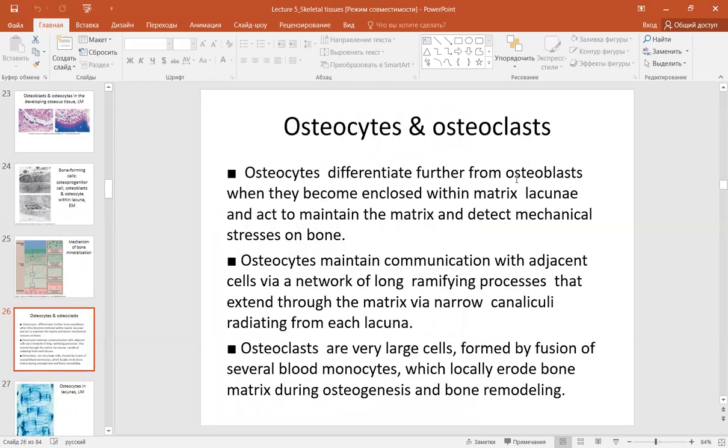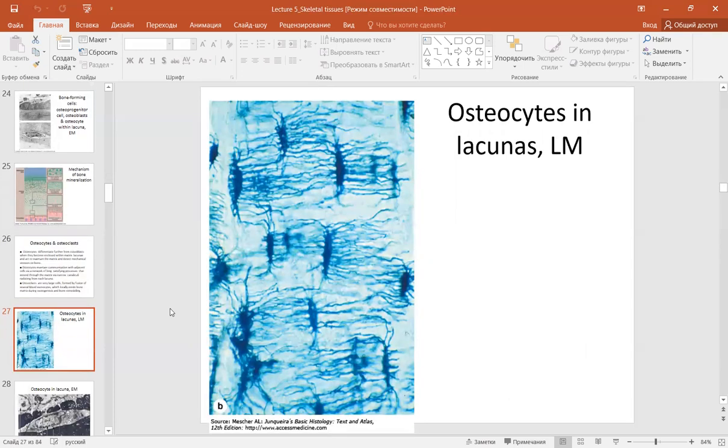Osteocytes differentiate further from the osteoblasts when they become enclosed within matrix lacunae, and act to maintain the matrix and detect mechanical stresses on bone. Osteocytes maintain communication with adjacent cells via a network of long ramifying processes that extend through the matrix via narrow canaliculi radiating from each lacuna. Osteoclasts are very large cells formed by fusion of several blood monocytes or stem cells of the red bone marrow, which locally erode bone matrix during osteogenesis and bone remodeling.